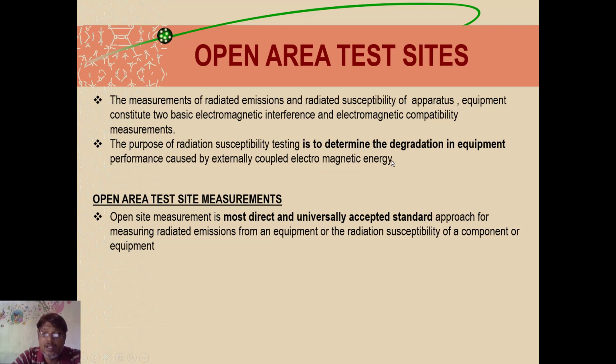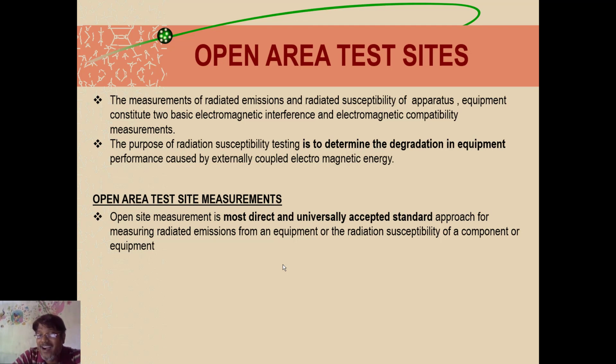That same thing has been given here as the purpose of radiation susceptibility. So it's nothing but a susceptibility test. What he has done is a susceptibility test. Okay. So open site measurement is the most direct and universally accepted standard approach for measuring radiation emission from equipment, or radiation susceptibility of a component or equipment. So for both radiation and immunity related to radiation, since it's open, it cannot be used for CE and CS.